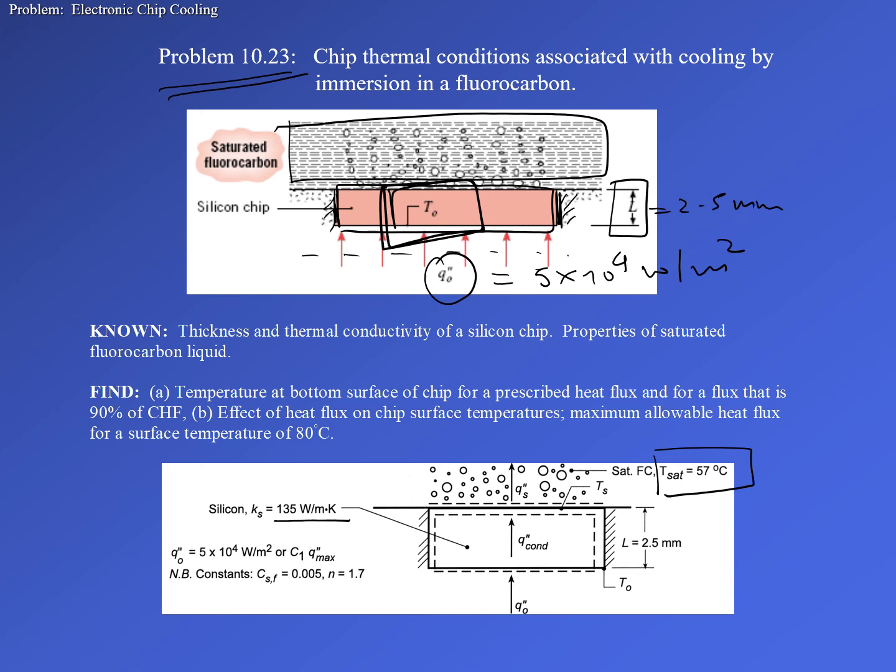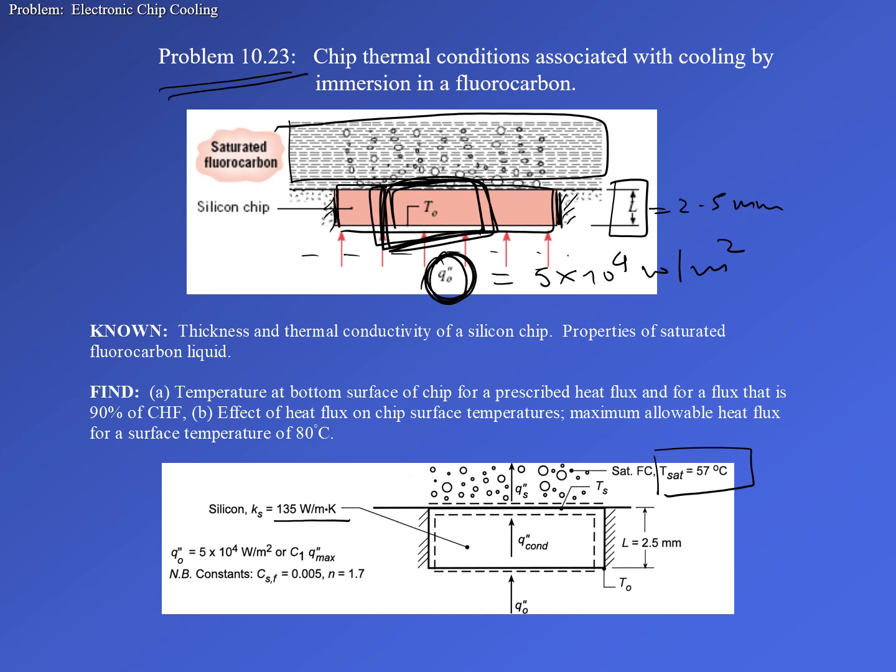Remember, we don't want to go beyond the critical heat flux situation. That is not desirable. So the max operating condition that we have during testing is 90% of the critical heat flux. We have to figure out what the bottom temperature is for that 90% of the critical heat flux situation. Basically we are given two different values of q naught double prime, and we have to calculate the bottom temperature of the silicon chip for those situations.